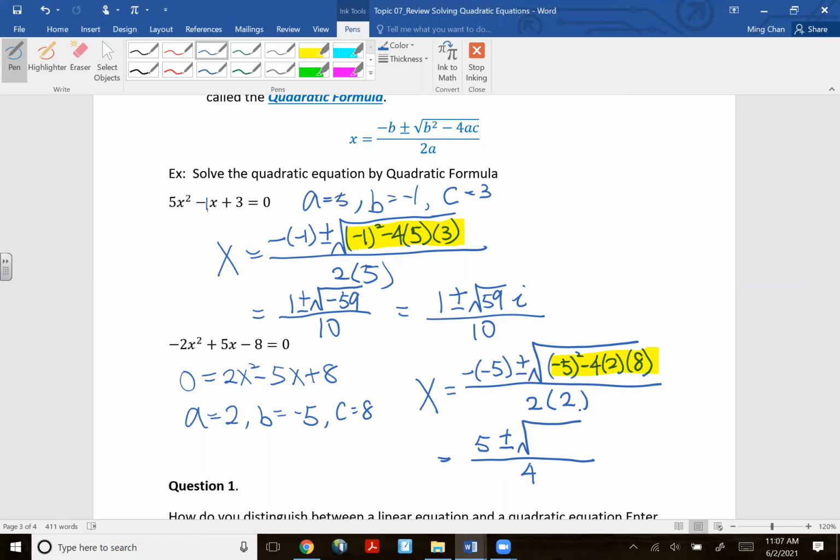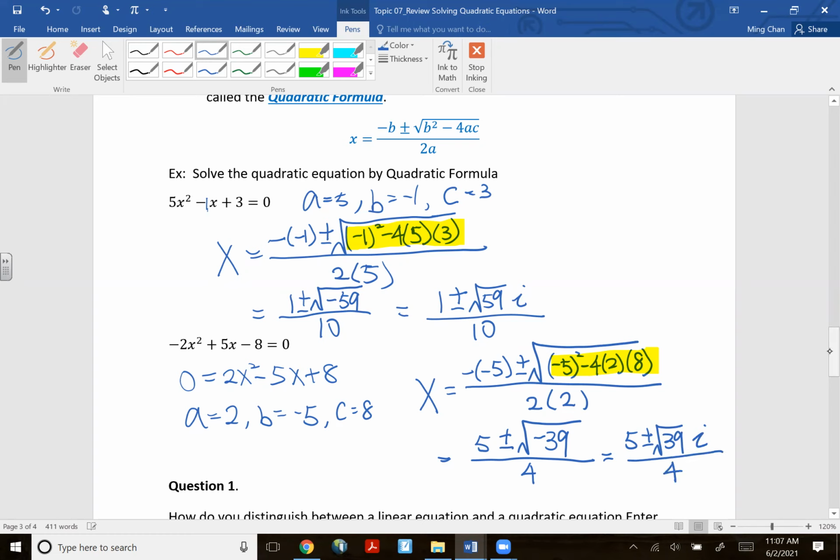We should get negative 39. All right, 39 is 3 times 13, so you only get 1, 3 and 1, 13. So nobody can actually come outside your square root, so we don't have to simplify that. But the square root of negative 1 becomes an i. So my answer should be 5 plus or minus square root of 39 i, the whole thing over 4.